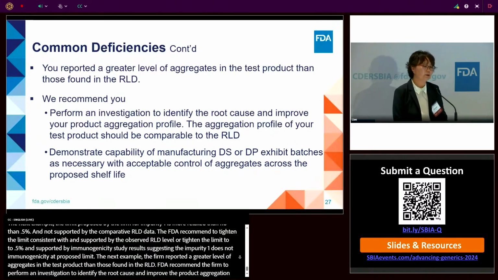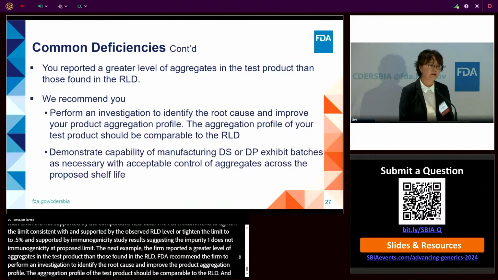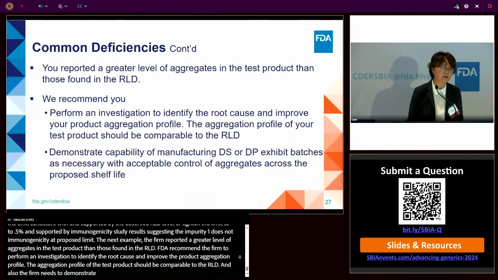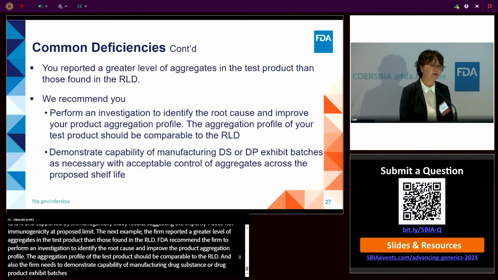The aggregation profile of the test product should be comparable to the RLD. And also the firm needs to demonstrate the capability of manufacturing drug substance or drug product exhibit batch as necessary with acceptable control of aggregates across the proposed shelf life.